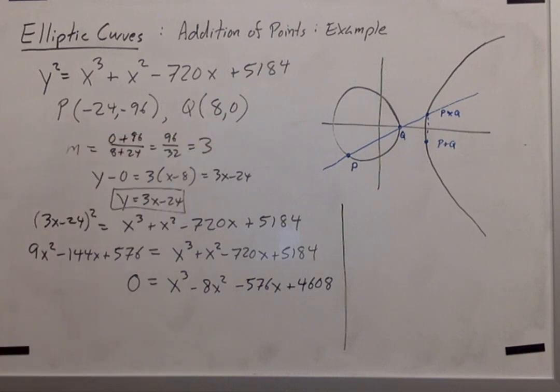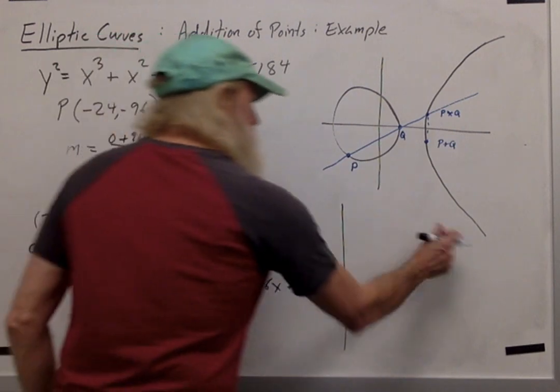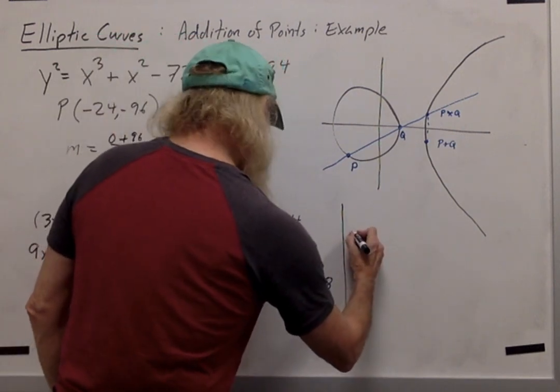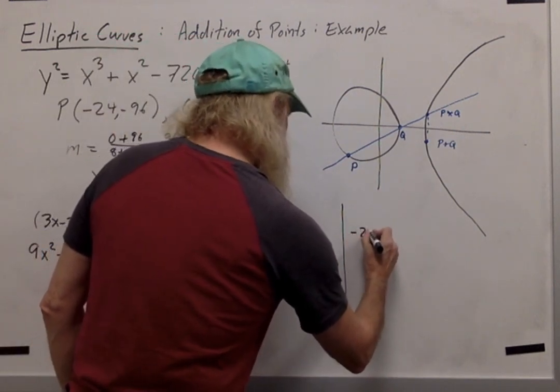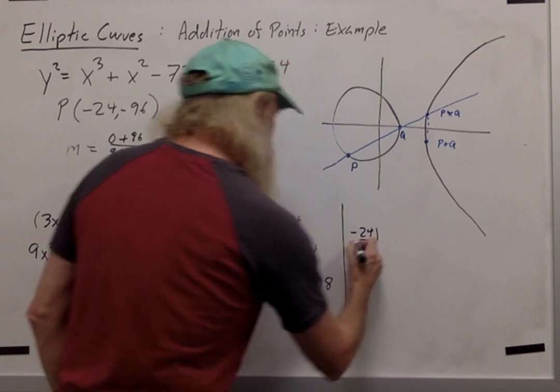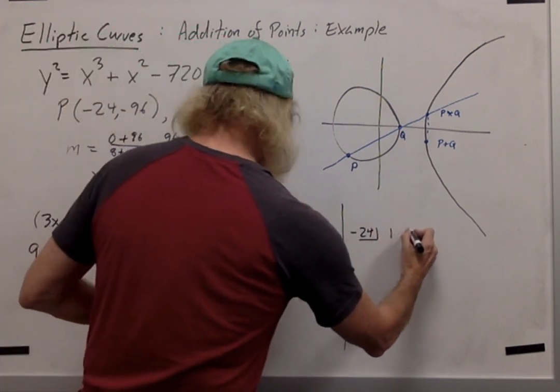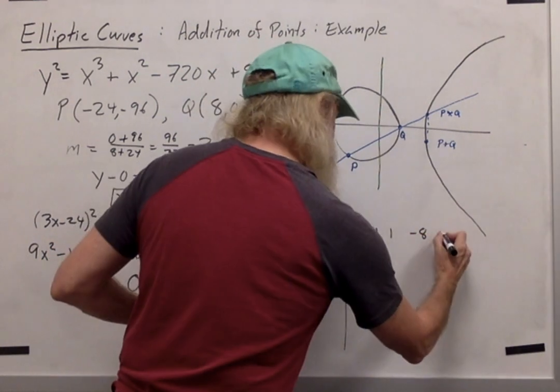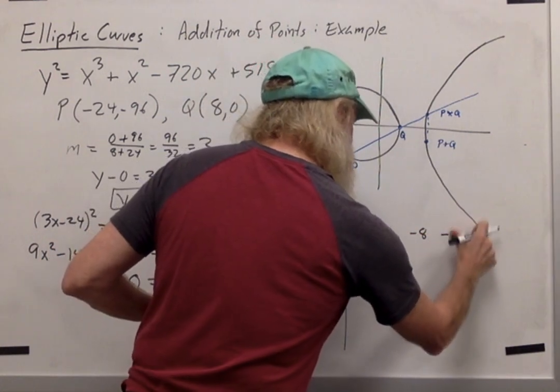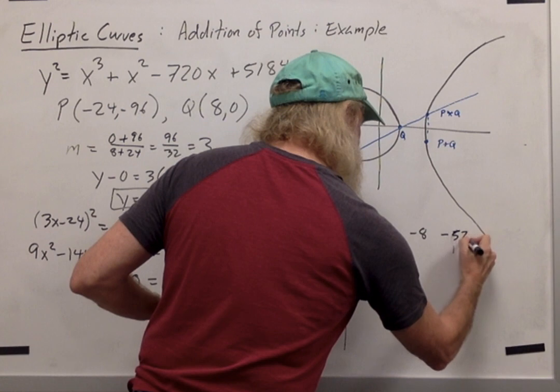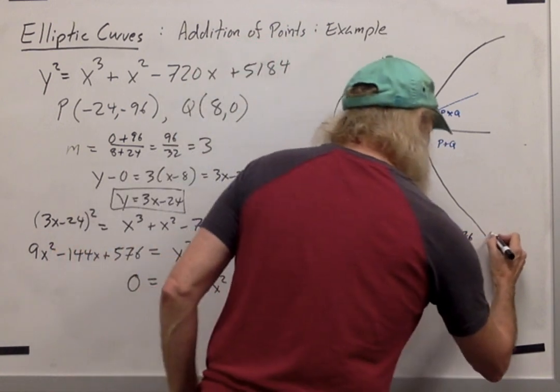So let's go ahead and use synthetic division to factor out an x plus 24 and an x minus 8. So let me make room for the synthetic division here. We know that negative 24 is one of the roots. Let me put the coefficients here. 1, negative 8, negative 576, and 4608.